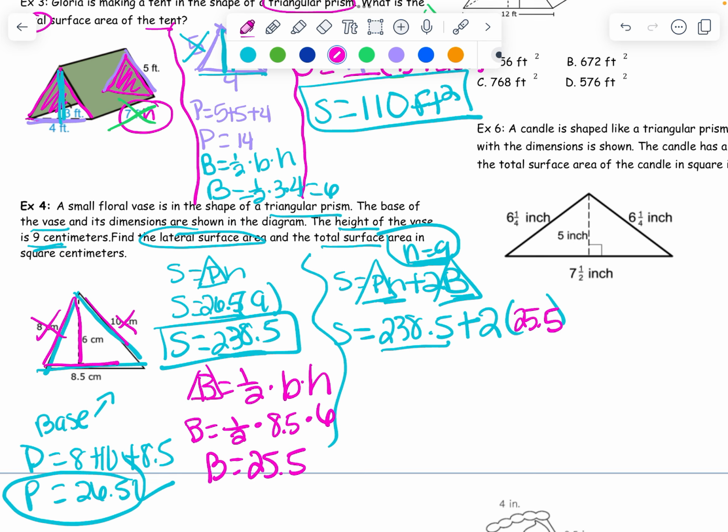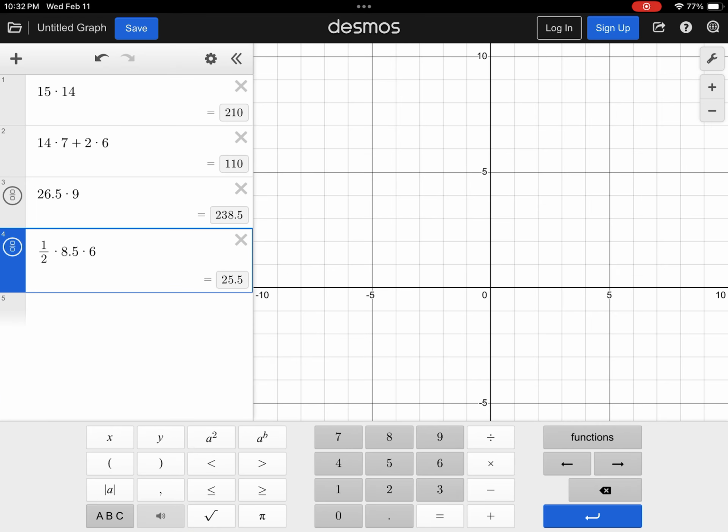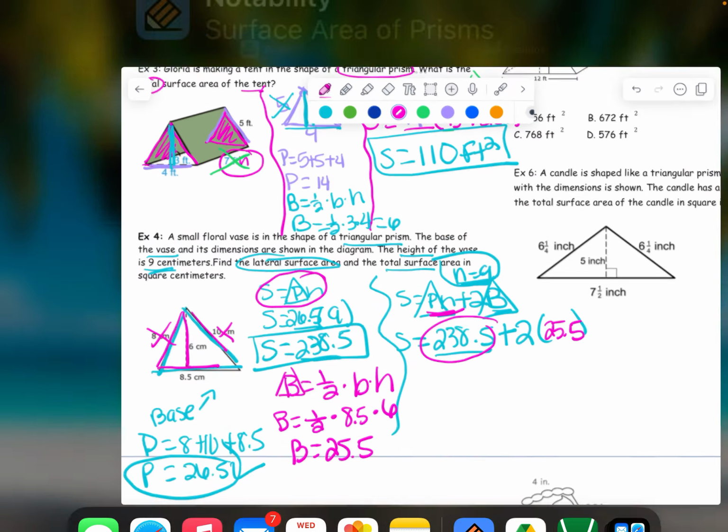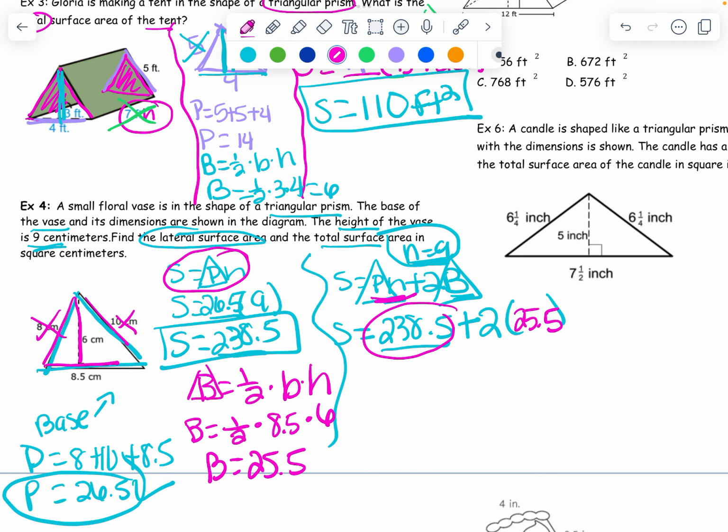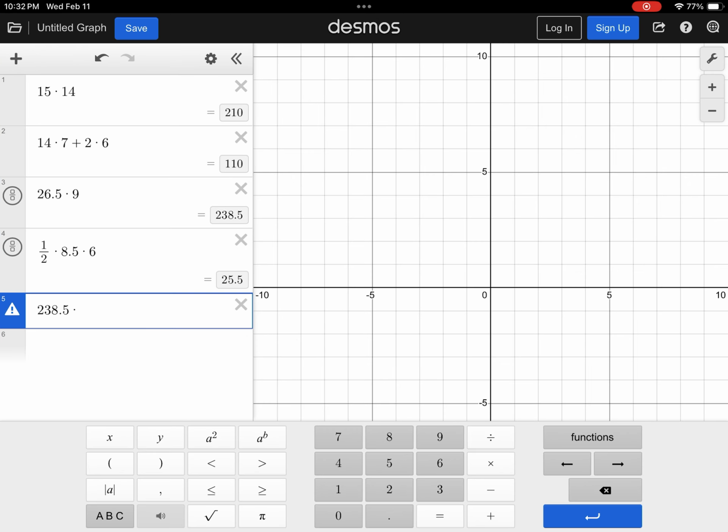All right, so again, I don't have to redo this part because we just did that part, okay? But I do need to put it on the total. So 238.5 plus 2 times the area of your base, which was 25.5.